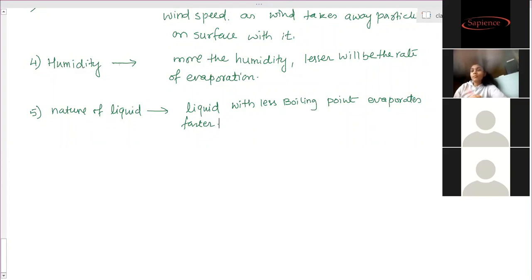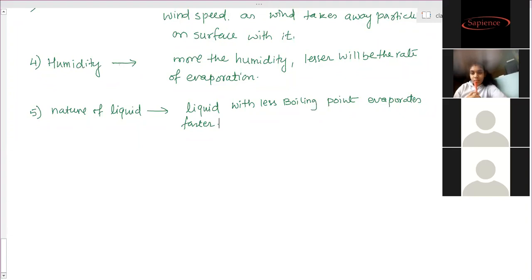The same thing for minor surgeries: doctors apply ether on the affected part. The reason? Because it evaporates quickly, so cooling takes place, and when cooling takes place, the neurons don't work properly.